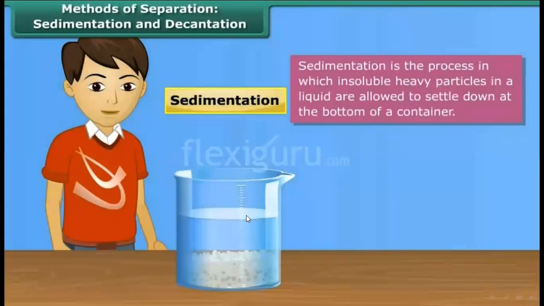Again, we repeat: sedimentation is the process in which insoluble heavy particles in a liquid are allowed to settle down at the bottom of a container. It's called the decantation and sedimentation process.